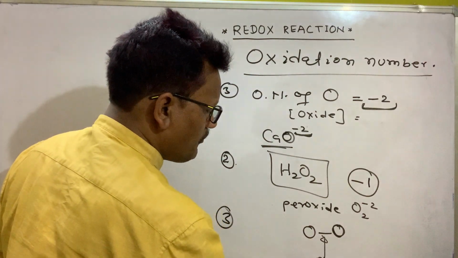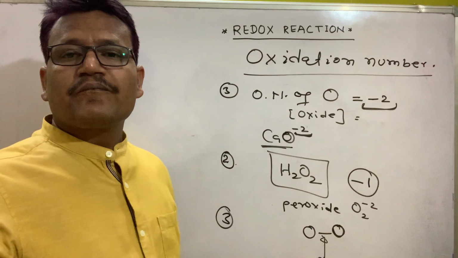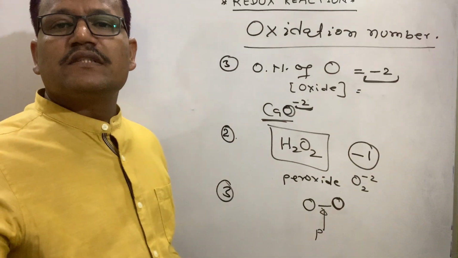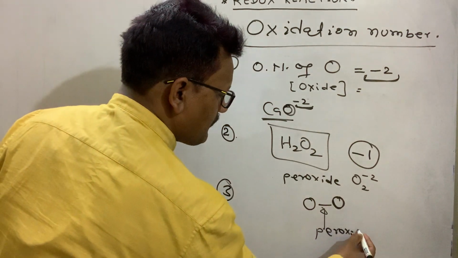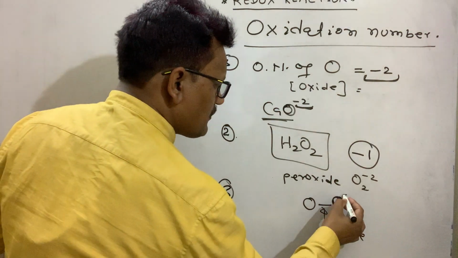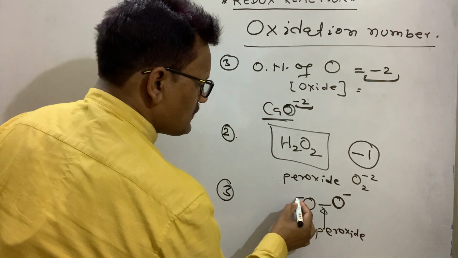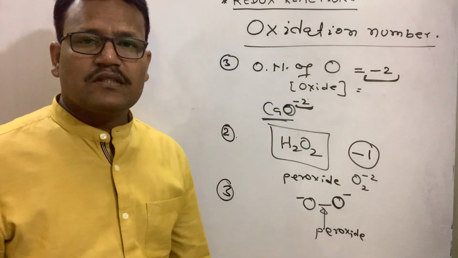This is called a peroxide bond. And this oxygen atom has -1 and this has -1 oxidation number.